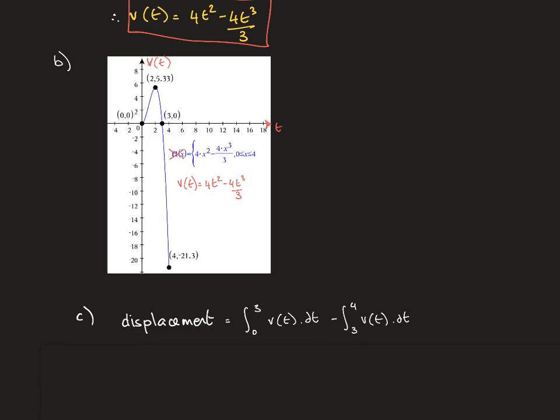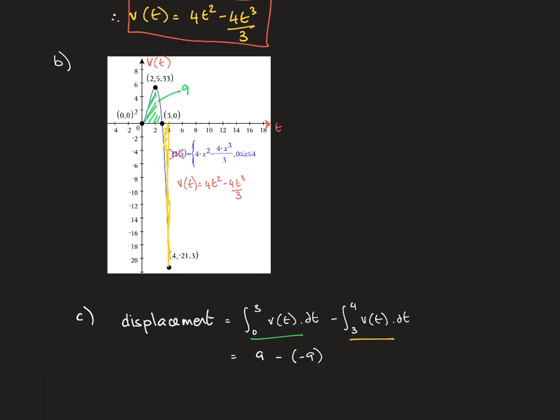Then I use my CAS calculator to work out the two areas. So the first area, the positive area, this section here, is 9. And then the second section from 4 to 3, which is this long skinny bit here, is also 9.